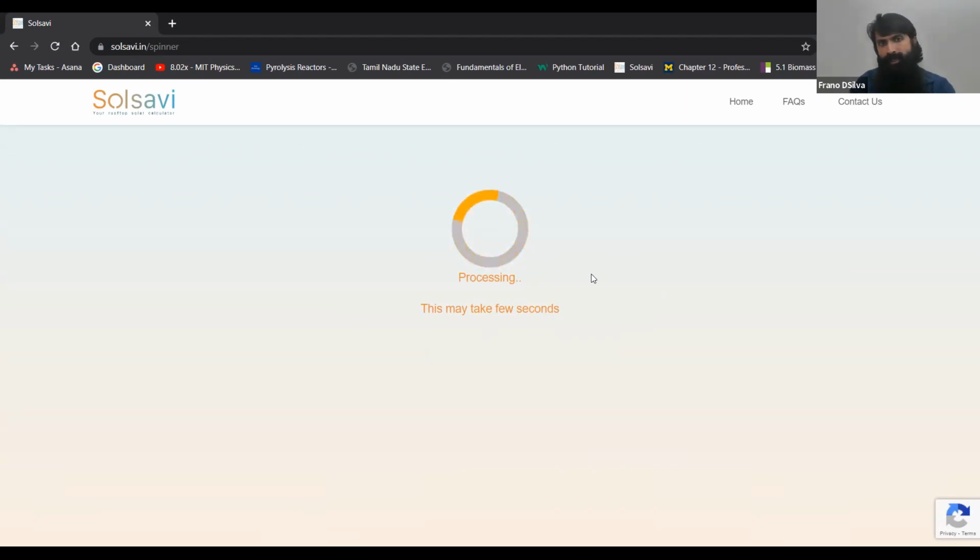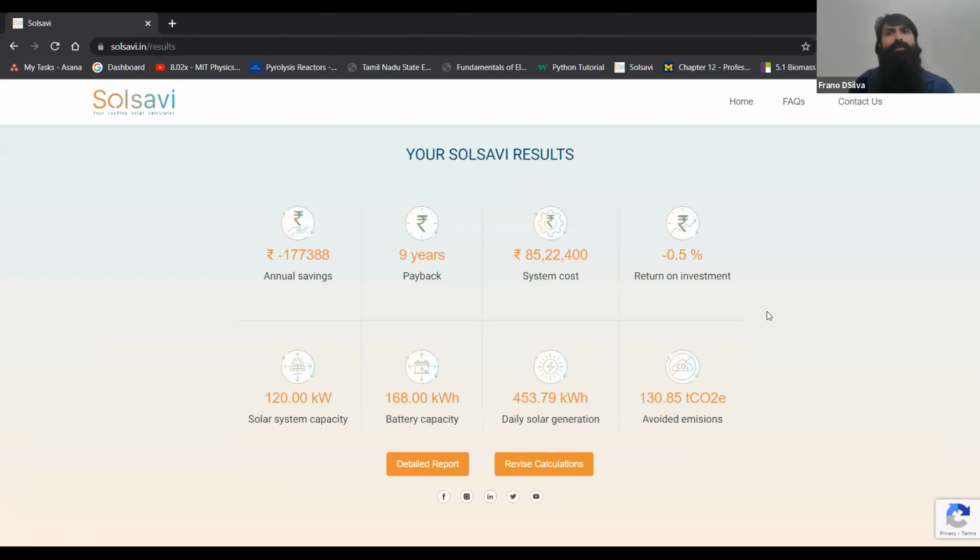In this case, please click the Solsavi button on your top left and it will refresh and take you to the first page. We also have the FAQ buttons to check the frequently asked questions, and you could take reference of the FAQs to see if it could help clear some doubt.